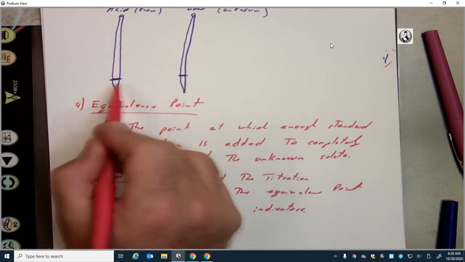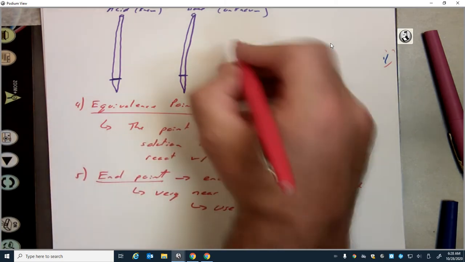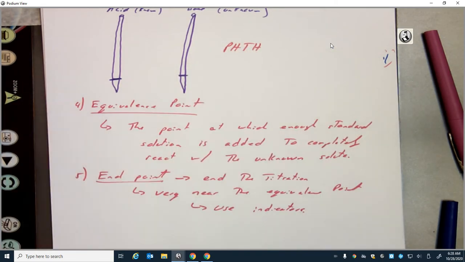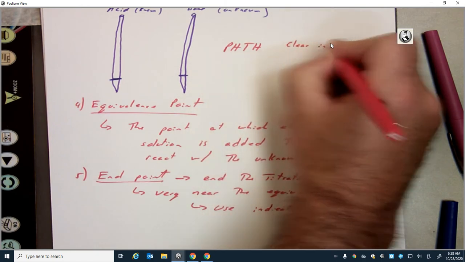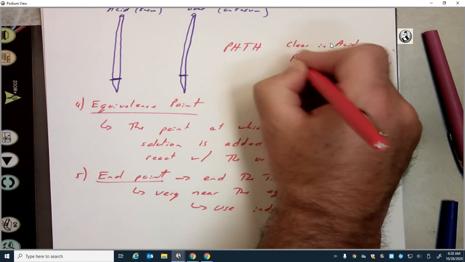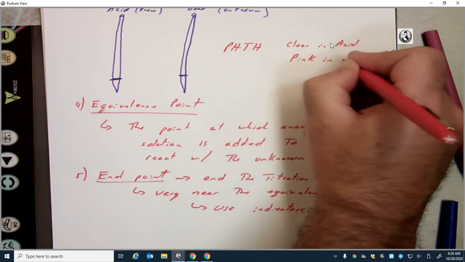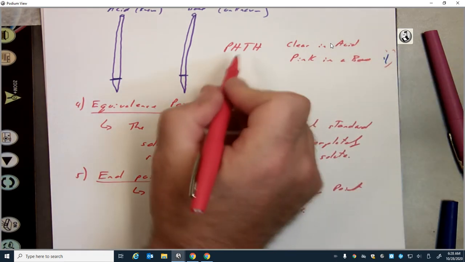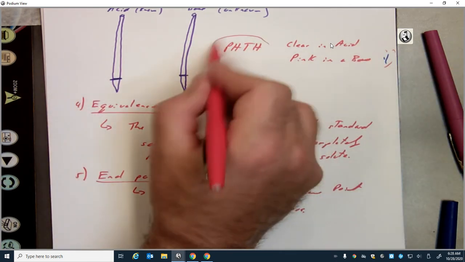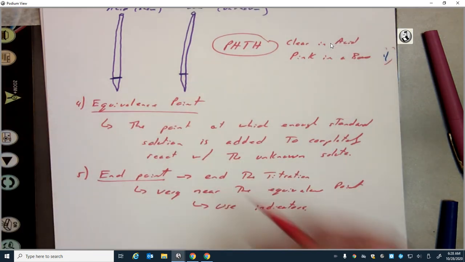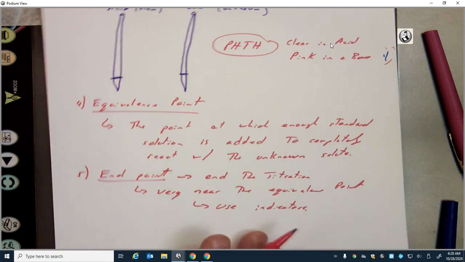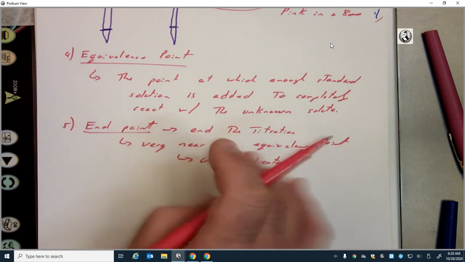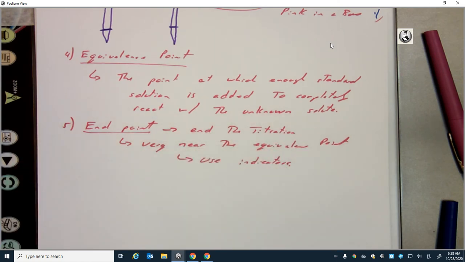So if we go back to our example up here, we probably used phenolphthalein as our indicator. Remember, this is clear in acid and it's pink in a base. Phenolphthalein is just an example of an indicator. There are lots and lots of types of indicators, and they can get very specific. We'll look at indicators a lot more closely when we get to acids and bases.